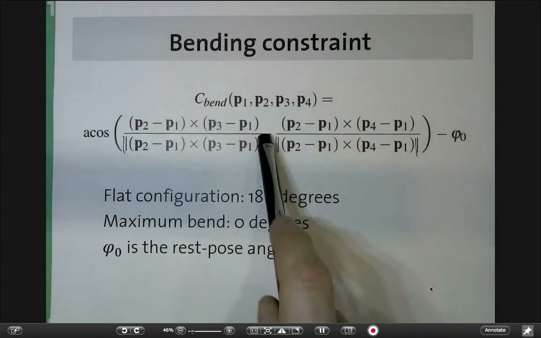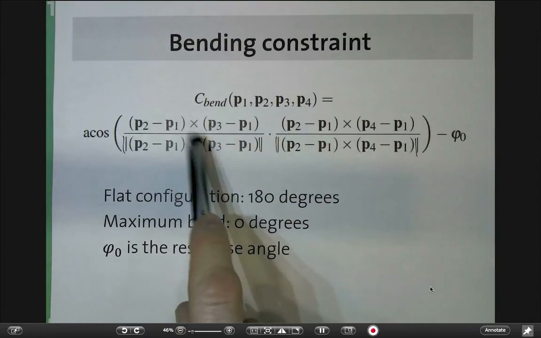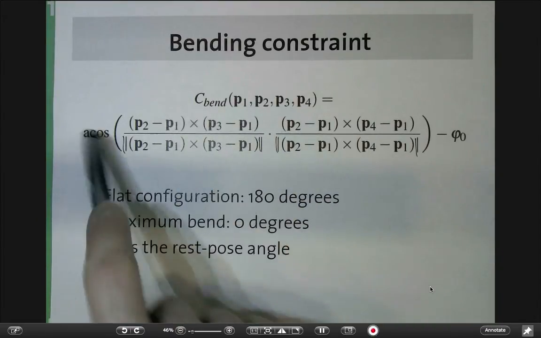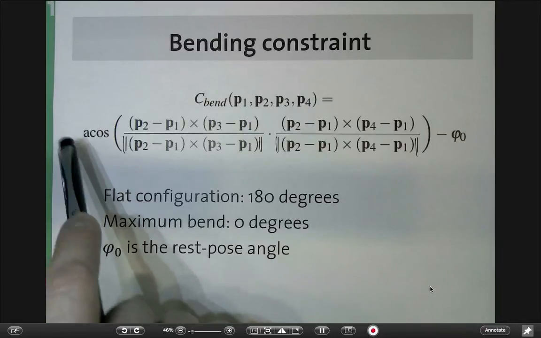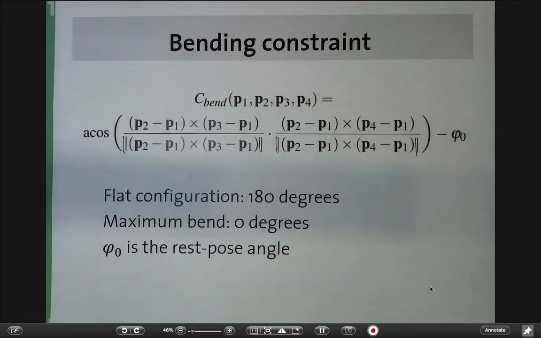I take their dot product. They are unit vectors, that's why I normalized them here. By taking the arccosine, I get the angle between the two vectors. The way I chose the orientations is that the flat configuration corresponds to 180 degrees, and a completely bent configuration, like the hinge completely bent over itself, like a double sheet on the same triangle, would register as 0 degrees.